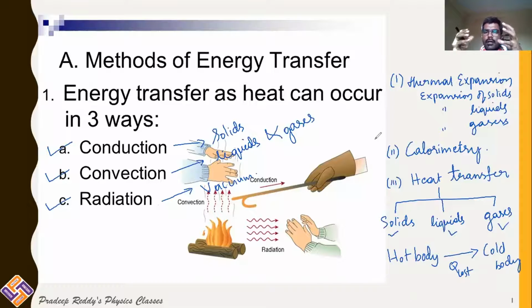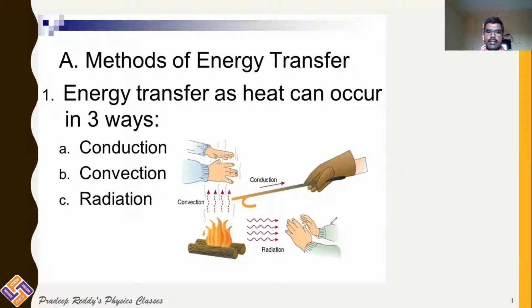If two solid bodies are in contact with each other, heat transfer takes place from one solid to another by the process of conduction. Whereas if one liquid is mixed with the other liquid, heat transfer takes place by the process of convection. Whereas in vacuum, heat transfer takes place by the process of radiation. Here there are few examples which support the knowledge of conduction, convection and radiation.